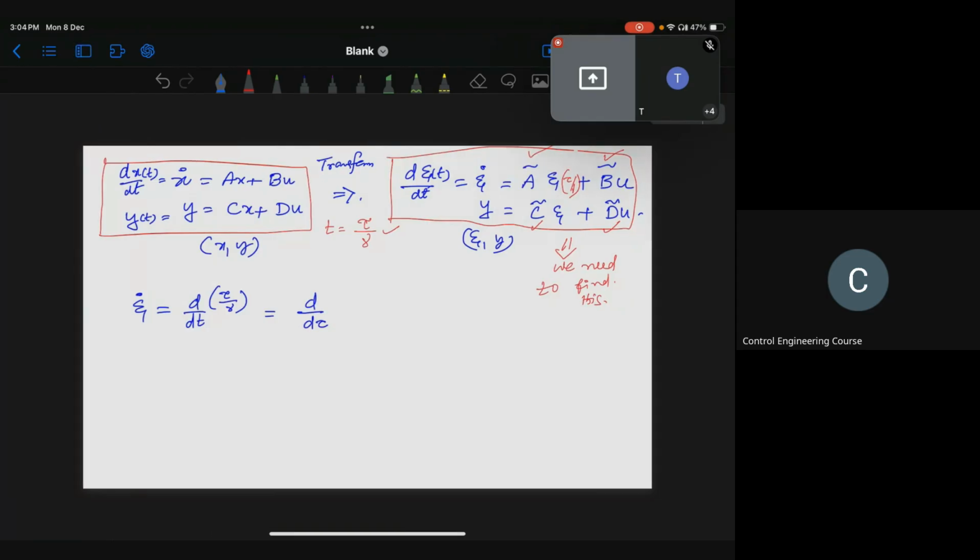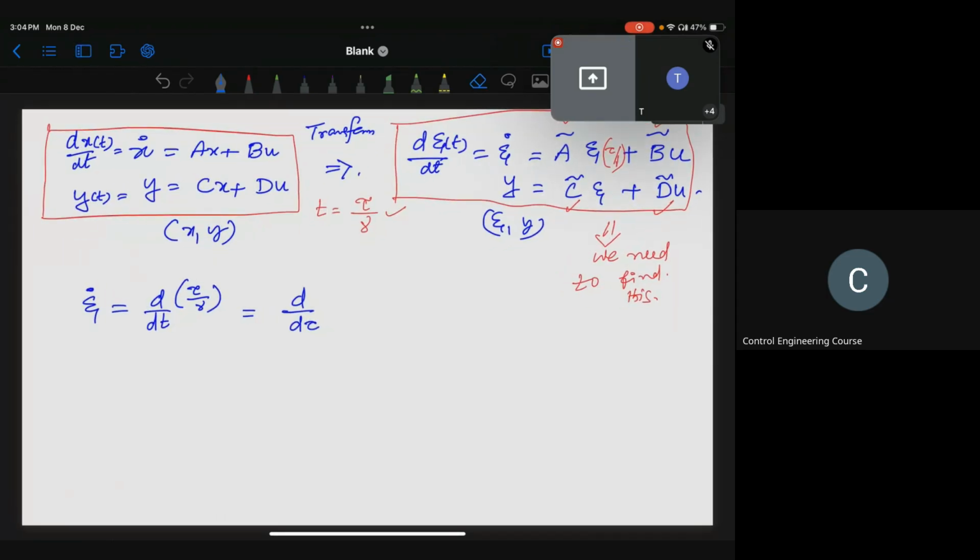Let me write it clearly. So this will be tau by gamma. In place of t, we need to get tau by gamma. Here also, tau by gamma. So now this is what we are looking for. Then we can write this as d zeta of tau by gamma by d tau multiplied by d tau by dt.